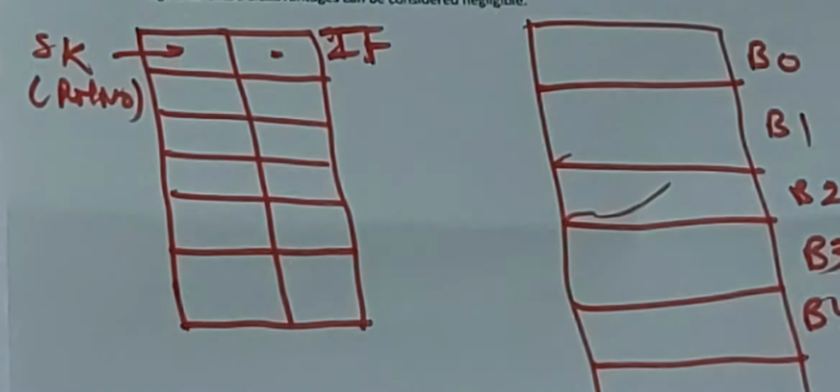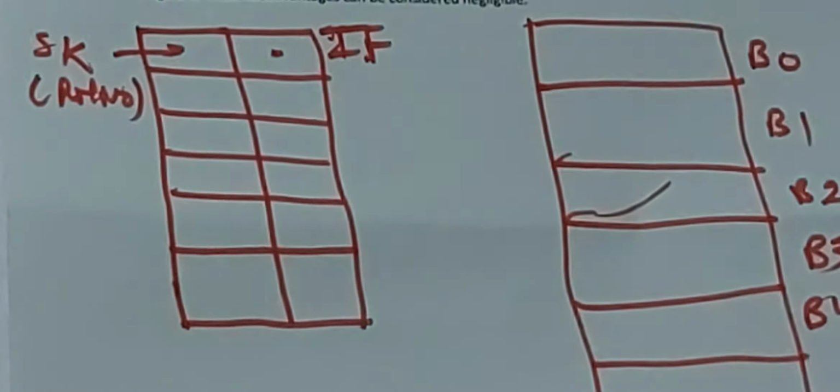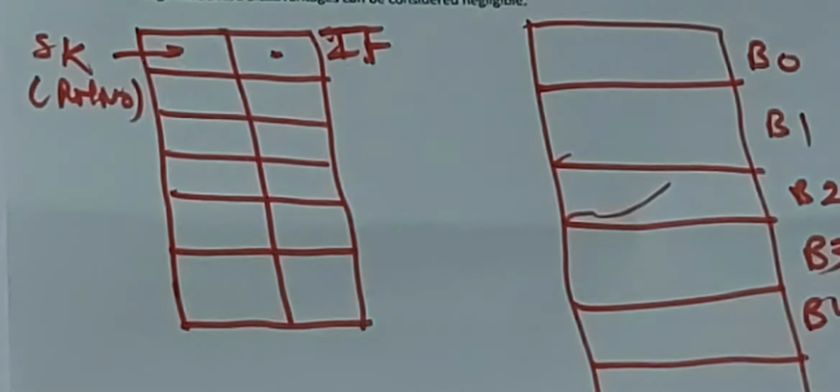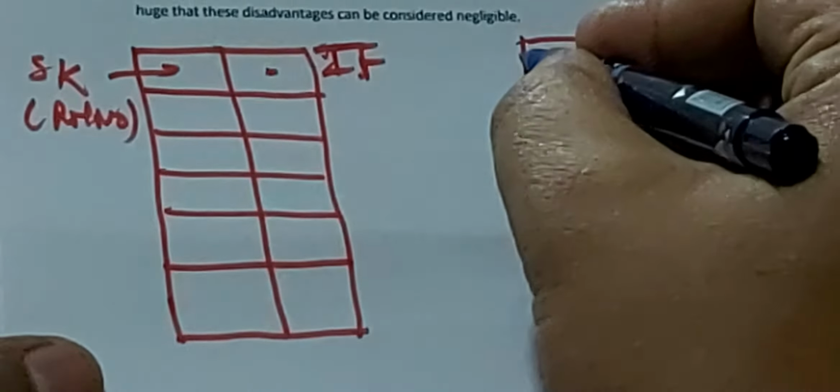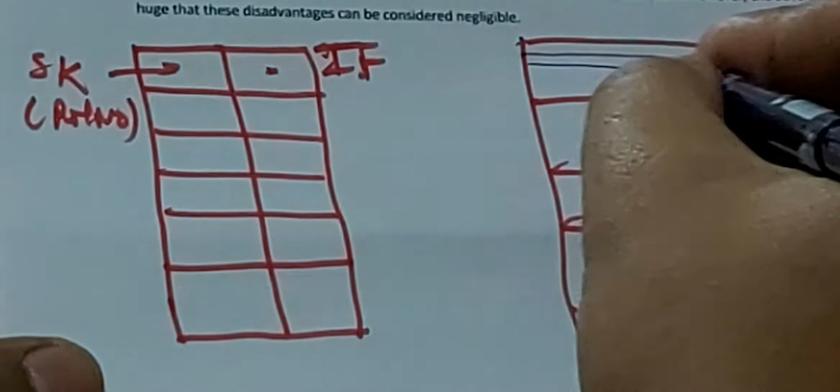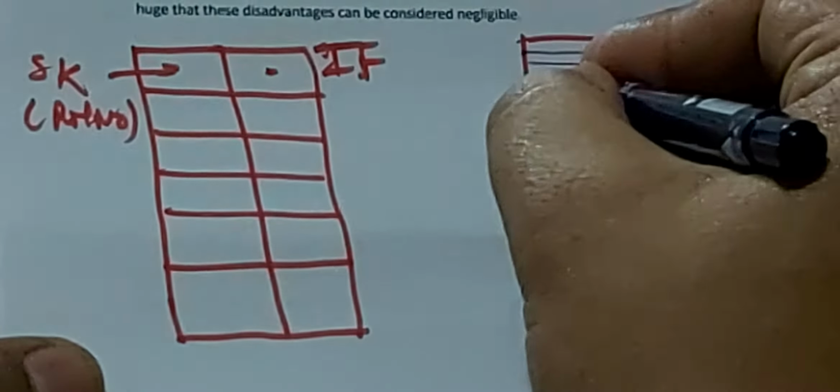The second column is what? It is the address of the block in the secondary memory. So over here I am saying that this is the block which is having the records in it. These are the records.